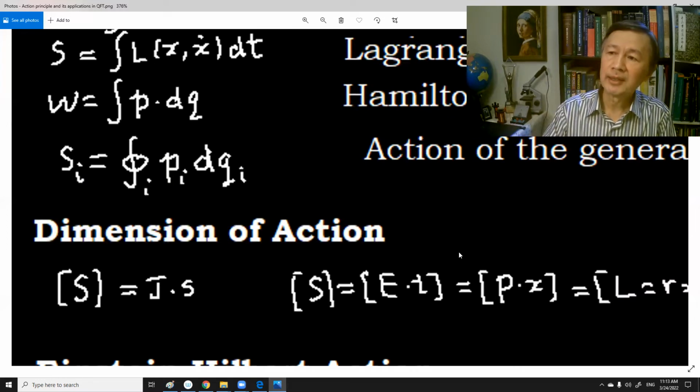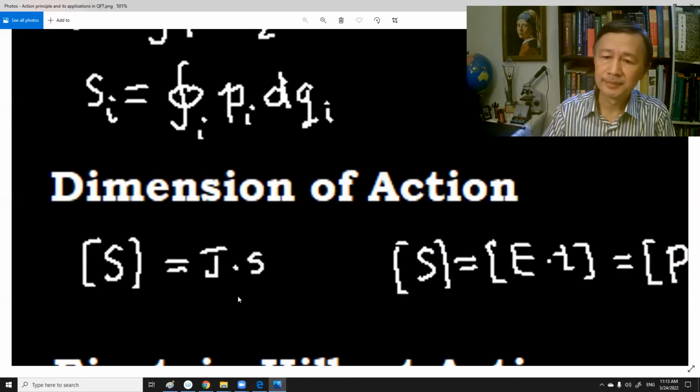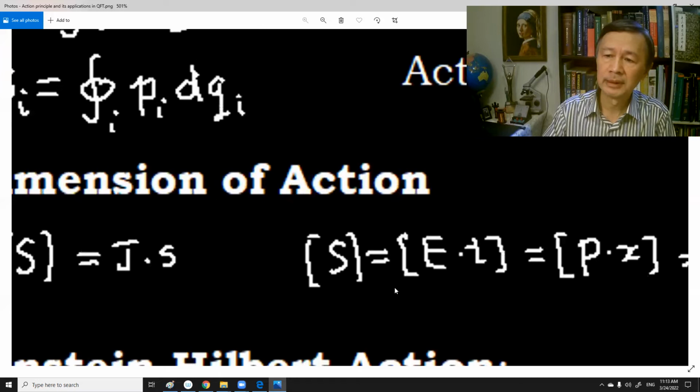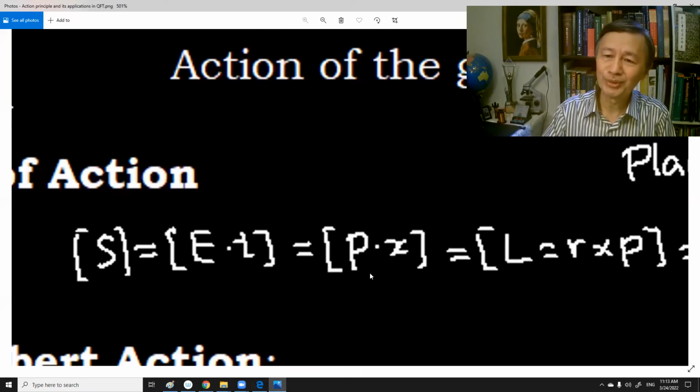If you do some dimensional analysis, namely to find the unit of action, you will find that in many cases the dimension of action is joule multiplied by second, or energy multiplied by time interval. And this dimension is also equal to the dimension of momentum multiplied by displacement.